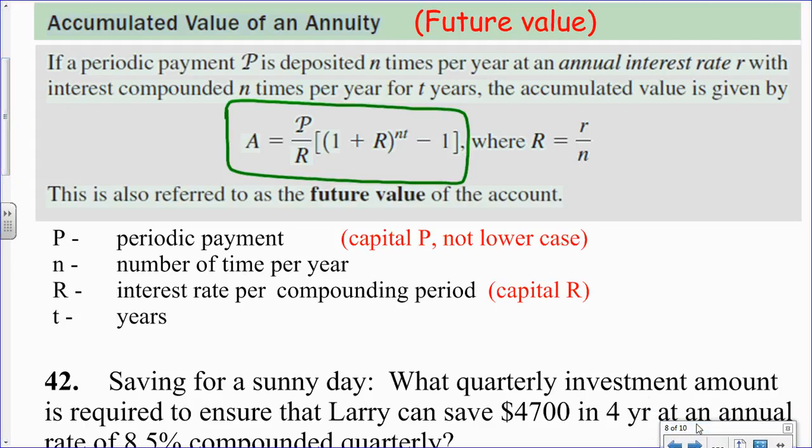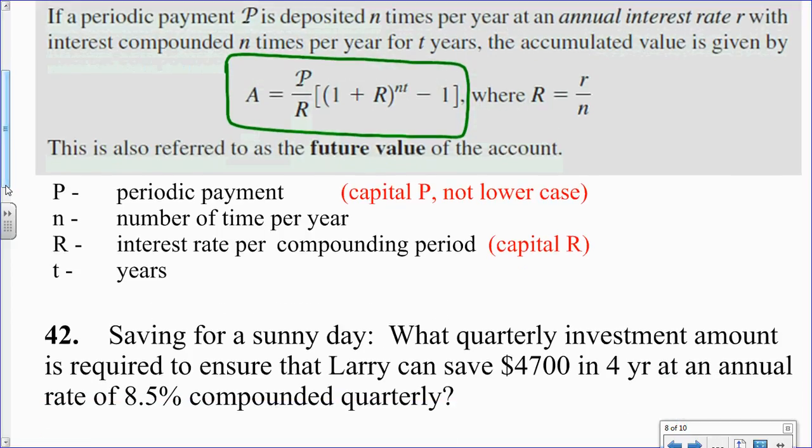All the other variables mean the same thing. So I'm going to use that formula to answer this question on 42.